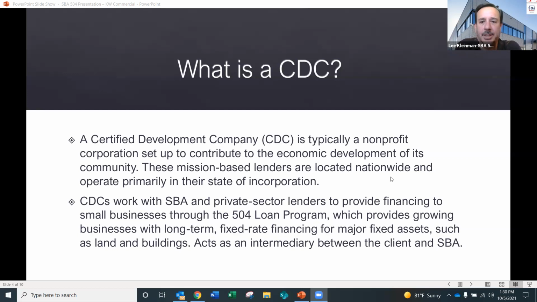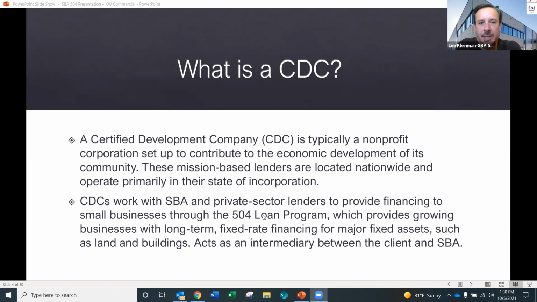And we are located nationally. There's 210 of us around the country, and we primarily operate in our state of incorporation. We work with the SBA and the private sector lenders, which is the bank first mortgage lender, to provide the financing through the 504 program.